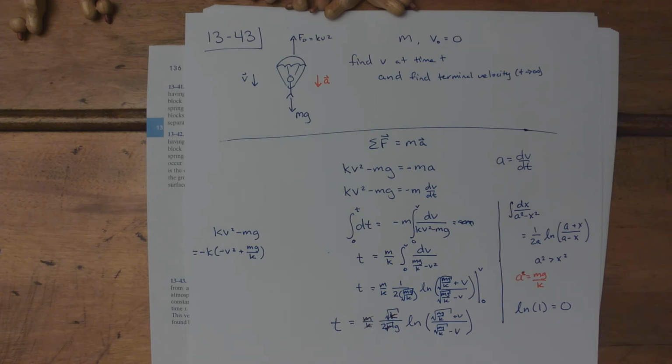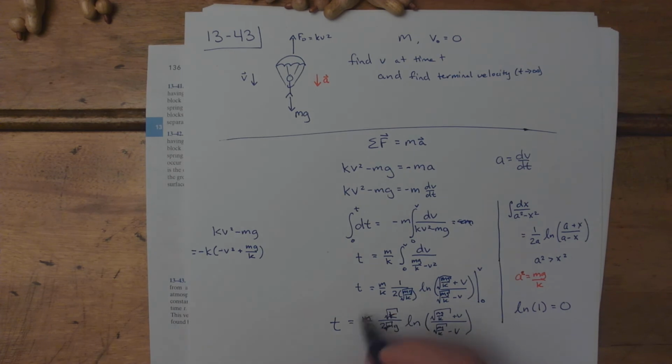Okay, and we are looking for the velocity as a function of time. So we need to solve for the velocity, and let's first bring everything I have here over to the other side, and remember it didn't really cancel out. Oh, but we could do this. If I have m divided by the square root of m, that would make this the square root of m, and then that would be gone, and that would be the square root of k, and then that would be gone.